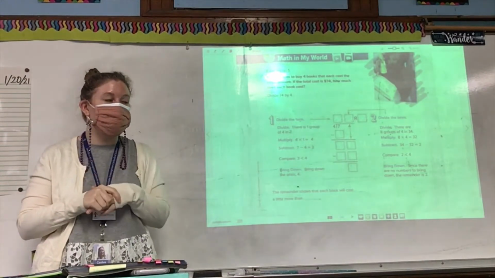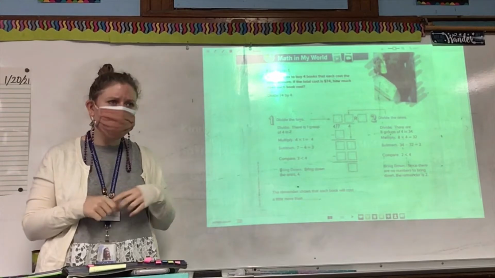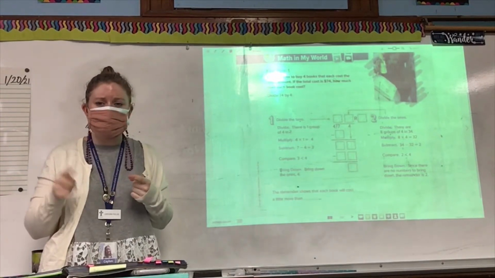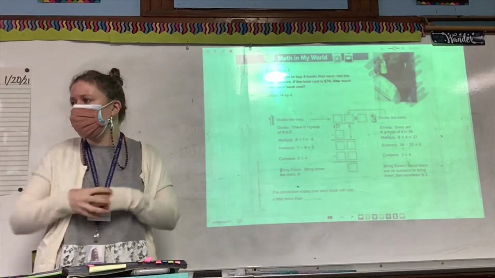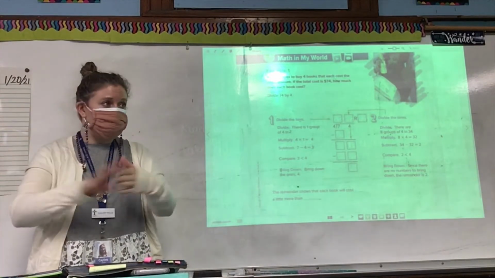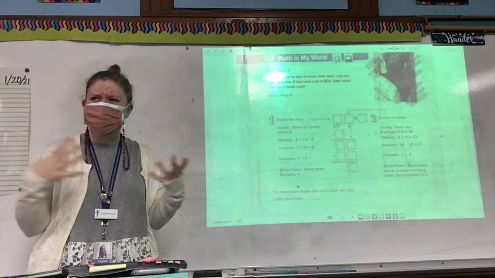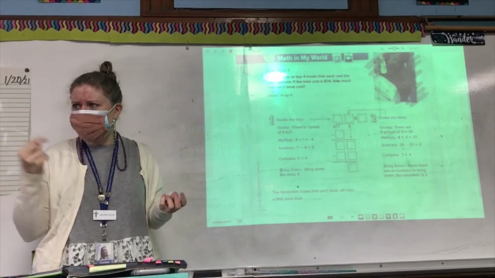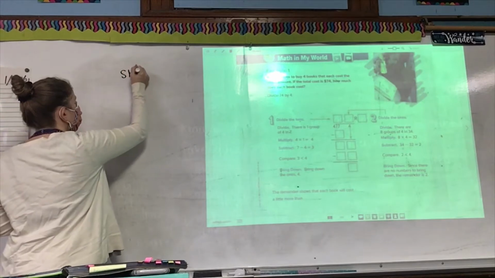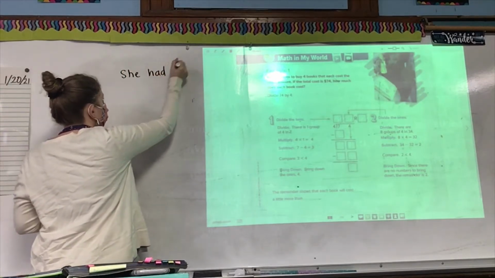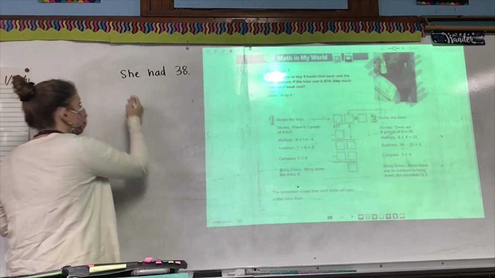Like in the question on the homework the other night, it said something about Mitzi and her 3 brothers, and she had some coins, and she wanted to divide them amongst herself and her 3 brothers. I think she had 38 coins.